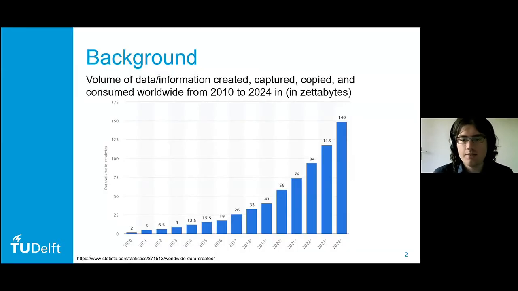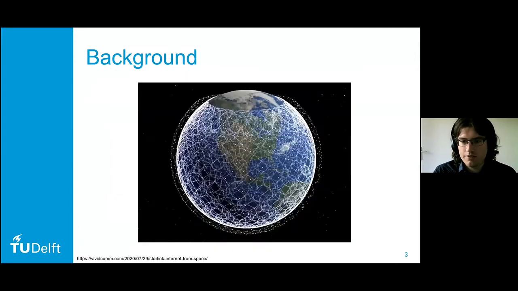So a little bit of background first. Basically, as we have heard many times before, the amount of data being consumed in the world is exponentially increasing still. This also has some interesting ramifications for space. For one, mega constellations are becoming more and more prevalent.